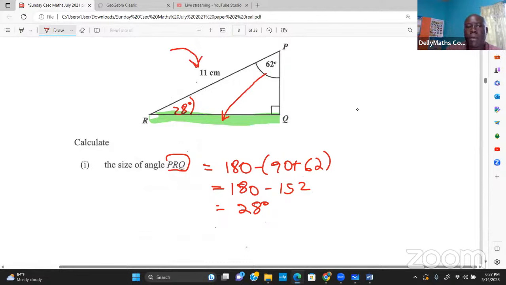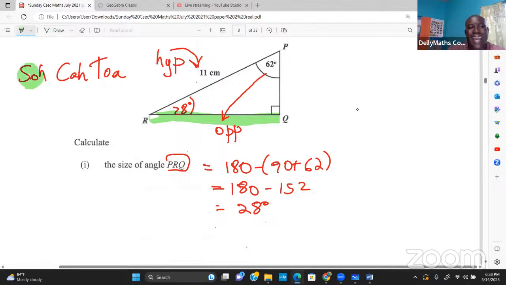Remember this: SOH CAH TOA. So you remember SOH CAH TOA, right? Which one of these would involve the opposite and the hypotenuse? Check it out: sine.